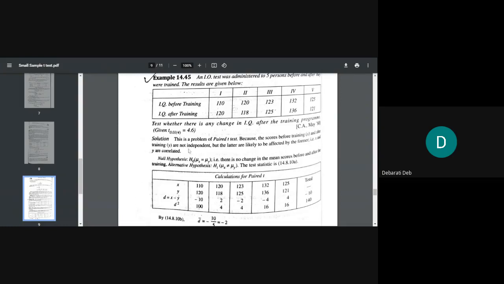Okay, then what do we need to test? We need to test whether there is any change in IQ after the training program. Given t 0.01 for 4, that is 4 in brackets. See, given the bracket thing in the question, it is said given t 0.01(4) equals 4.6, right? What does it mean?